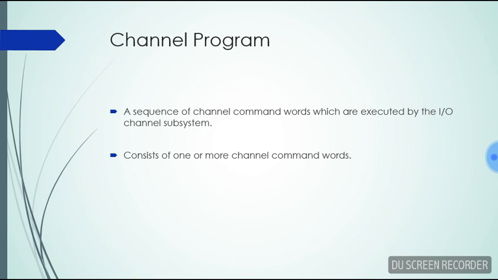The operating system signals the I/O channel subsystem to begin executing the channel program with an SSCH, start subchannel, instruction. The central processor is then free to proceed with non-I/O instructions until interrupted. When the channel operations are complete, the channel interrupts the central processor with an I/O interruption.